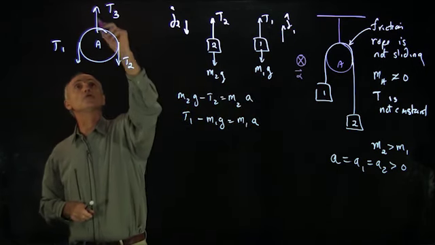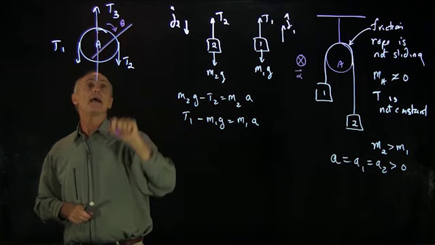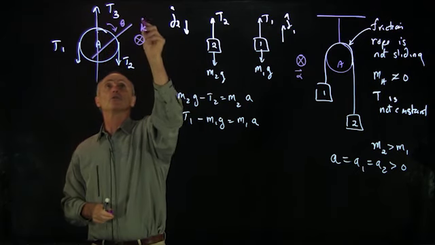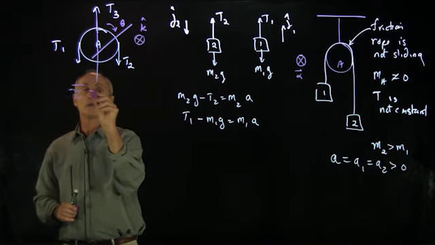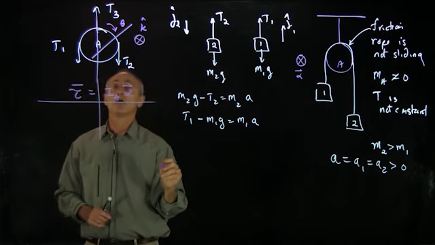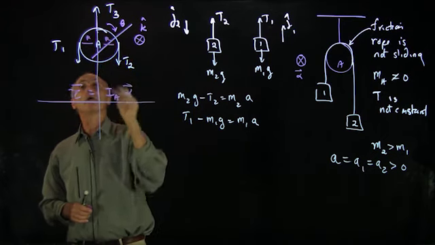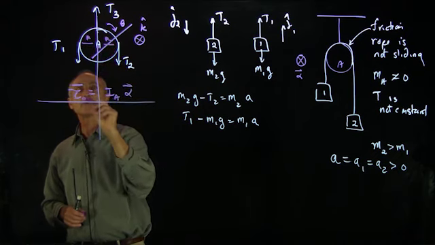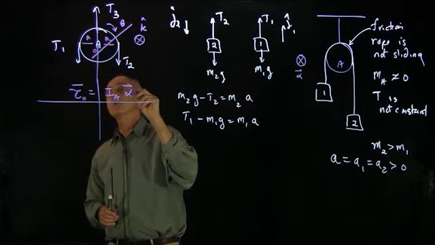I'll choose a coordinate system for an angle theta, and that will make the positive direction like that for my rotational coordinate system. Now, when we write torque equals the moment of inertia of the pulley times the angular acceleration, we have 2 torques. The radius is r. And if we're calculating the torque about the center of the pulley, we'll call that point O, then each of these torques are in different directions.